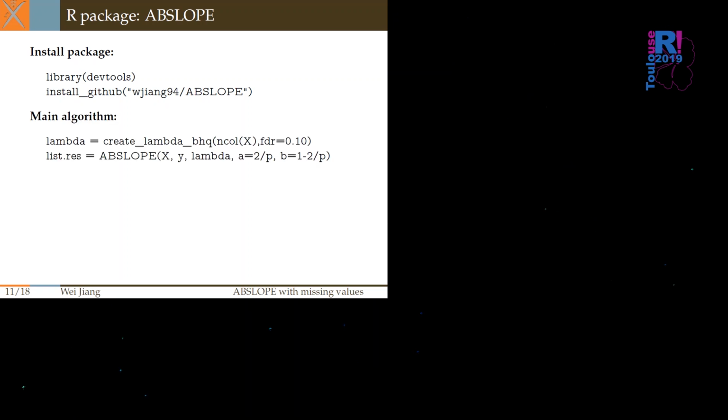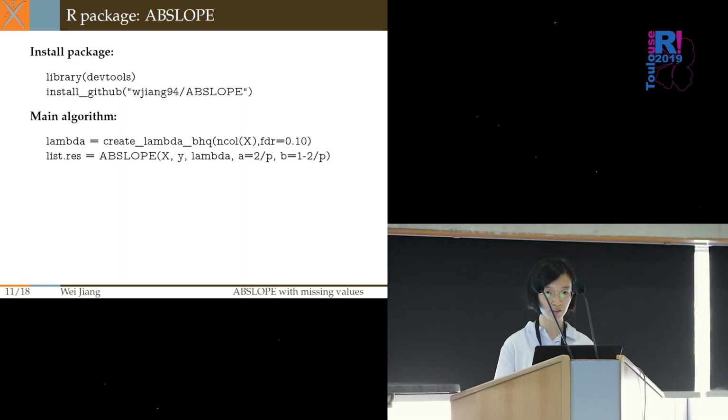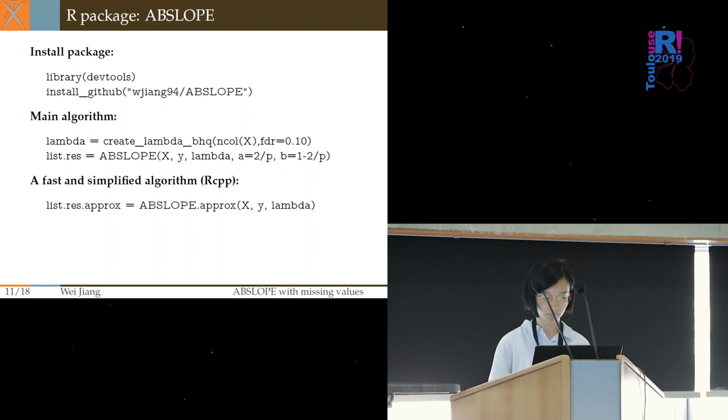With the function create_lambda_BHQ, which provides a BH sequence aiming at controlling the false discovery rate, our main function ABSLOPE takes the design matrix and response, also the lambda, and if we have some prior knowledge about sparsity, we can also put in the parameters A and B. In addition, we have also implemented a fast and simplified algorithm using Rcpp.